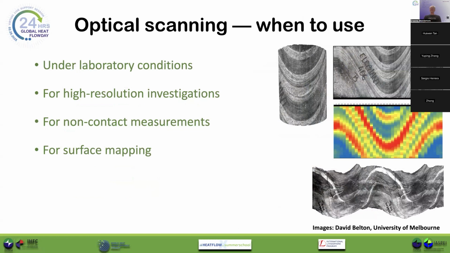And another curious ability of this instrument is to take many scans at different points around a core and pretty much create a pseudo two-dimensional surface scan of the surface of the core.